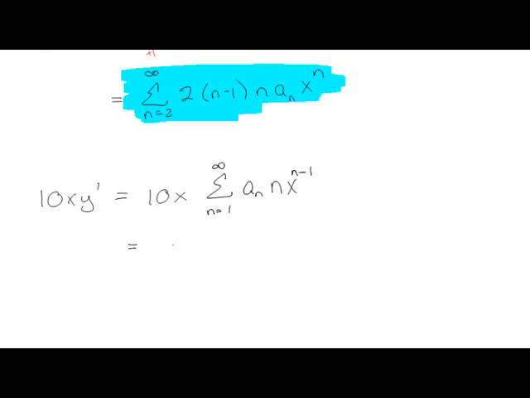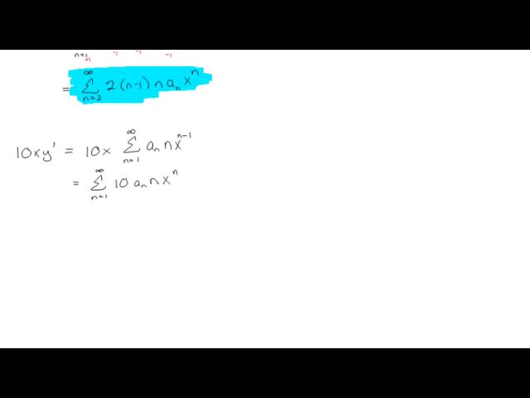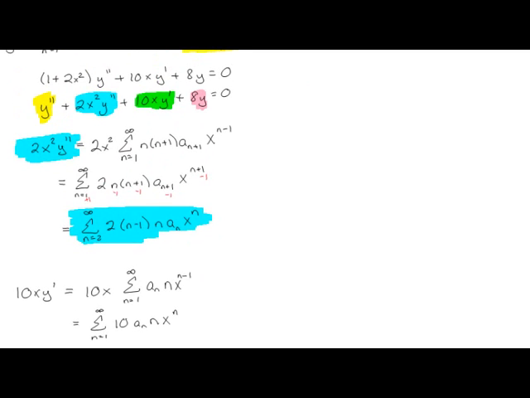Whenever I multiply this through, I've got the sum from n equals 1 to infinity of 10, a sub n, n, and the x becomes x to the n. So now I've got something marginally reasonable, and by marginally reasonable, I mean not reasonable at all. So that's my green part.